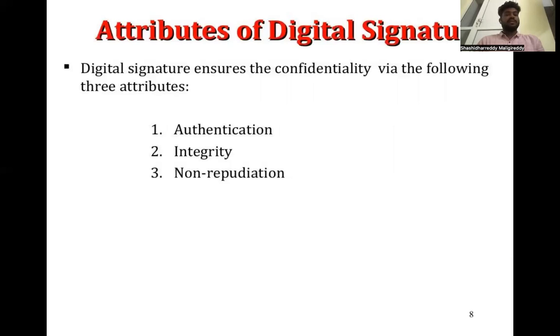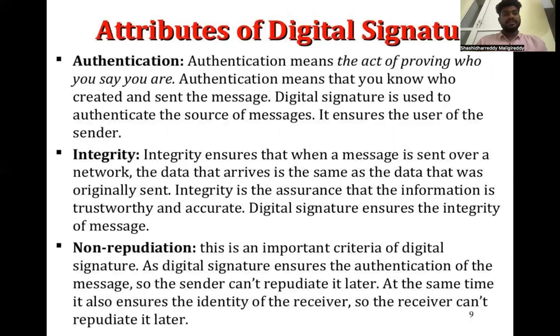Now we'll discuss the attributes of a digital signature. A digital signature ensures confidentiality via the following three attributes: authenticity, integrity, and non-repudiation. Let's see what is meant by authenticity. Authenticity means the act of proving who you are.